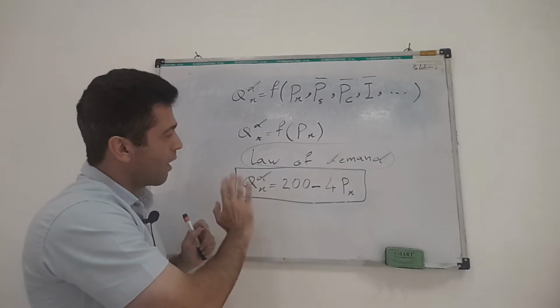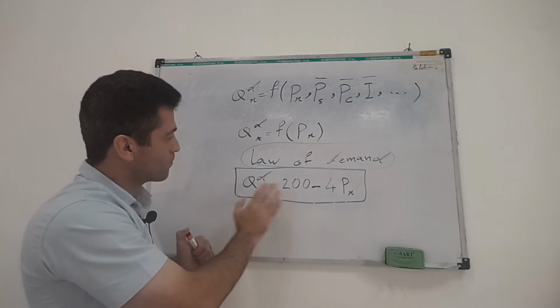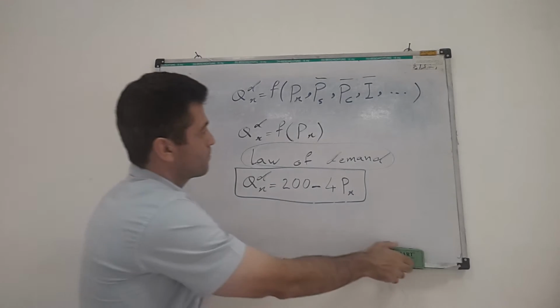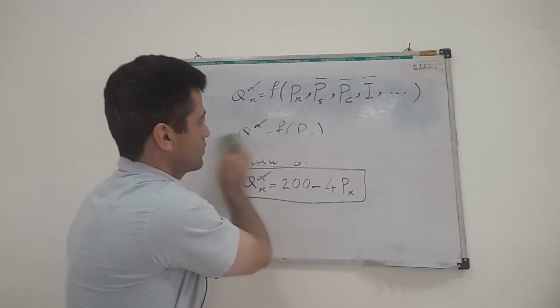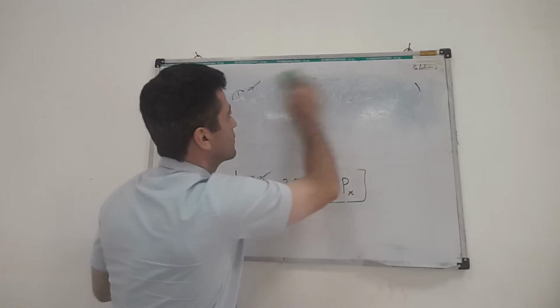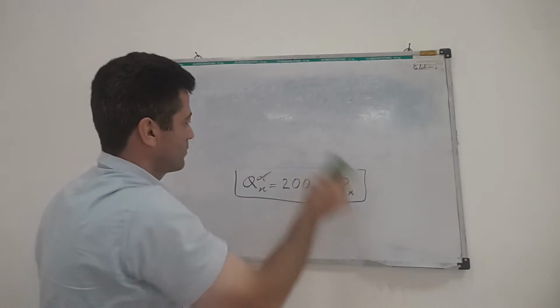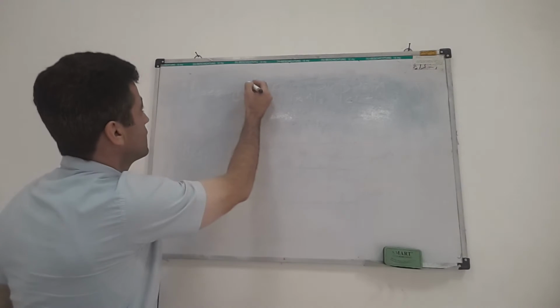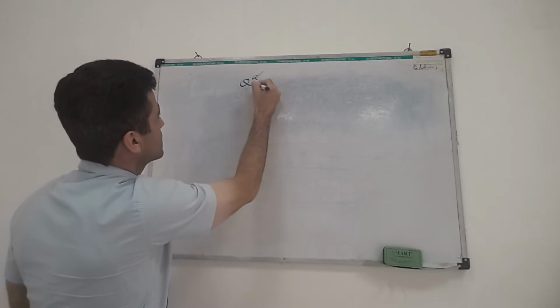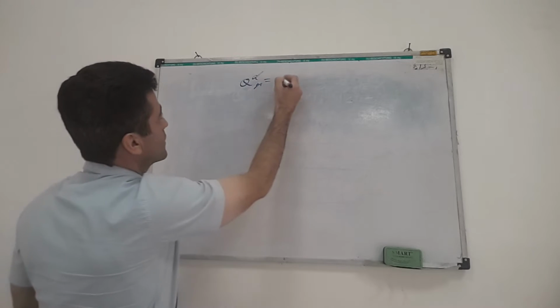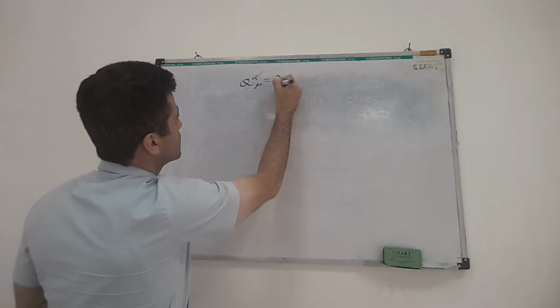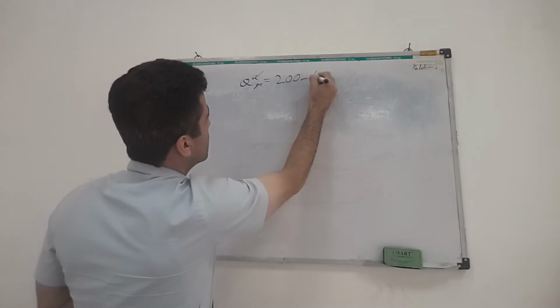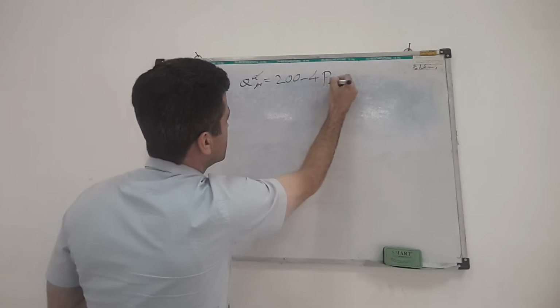We hold other factors constant. I'm writing here again, quantity of demand for X equals 200 minus 4 Px.